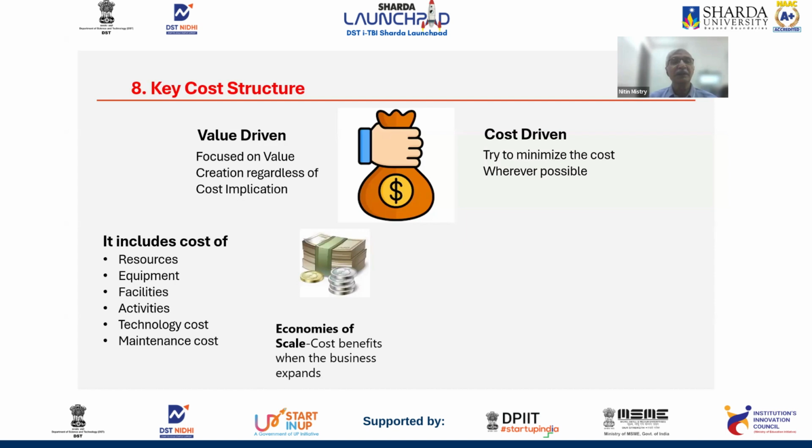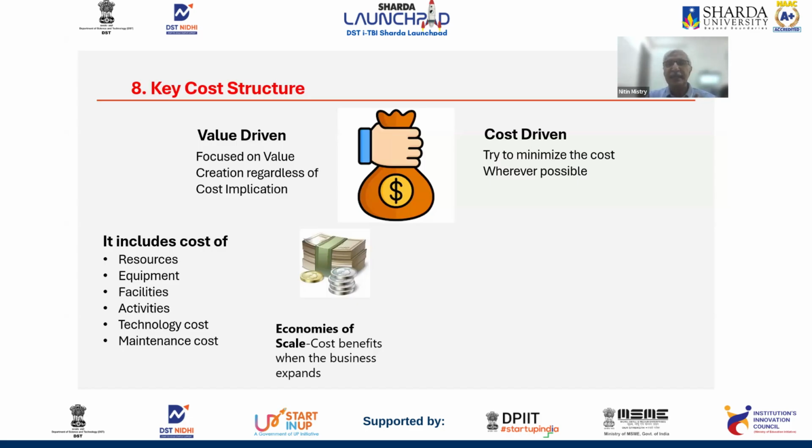Now the cost changes. It works on the economy of scale. What is that? Economy of scale means that as a business increases production, the cost per unit of output decreases. Understand? If the business increases production, then the cost per unit of output decreases.